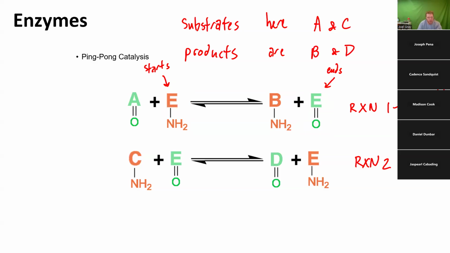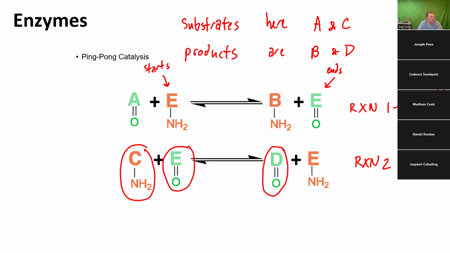So if we go down to reaction number two, our enzyme has this carbonyl oxygen. And what it is going to do is bind substrate C, our second substrate, and then take that carbonyl oxygen and transfer it onto substrate C, and we're going to get product D, or our second product.